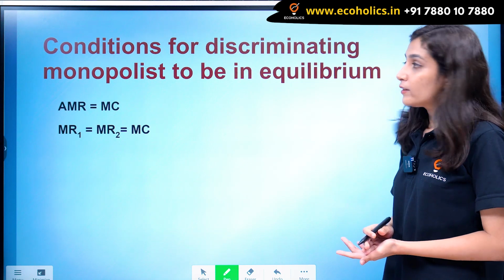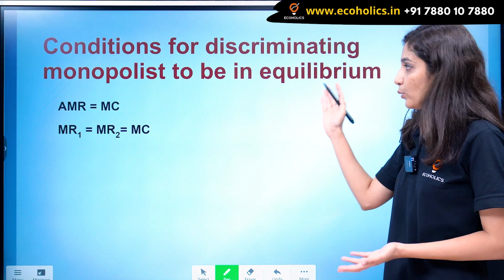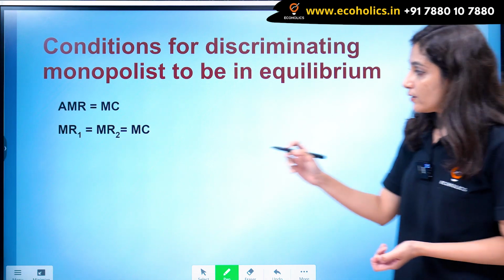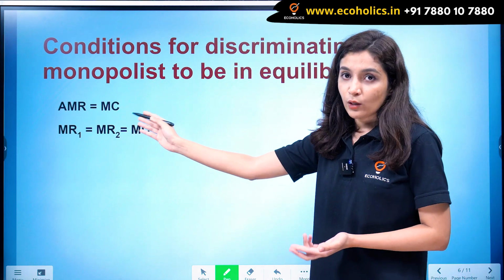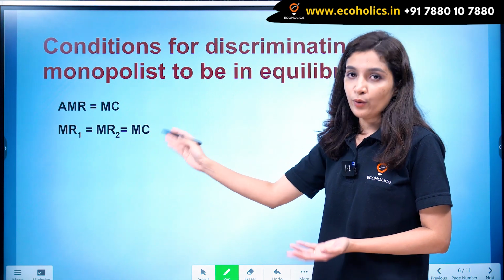Now, let's look at the two conditions for a discriminating monopolist to be in equilibrium. So, the first condition is AMR is equal to MC and MR1 is equal to MR2 is equal to MC.